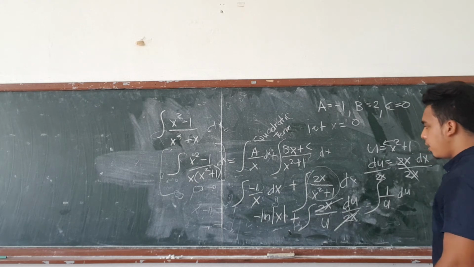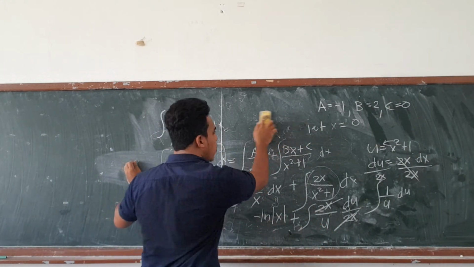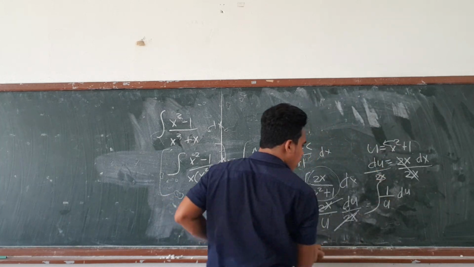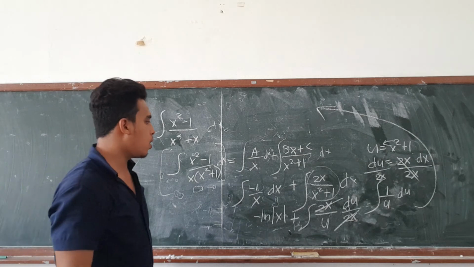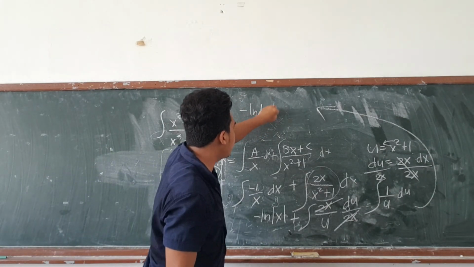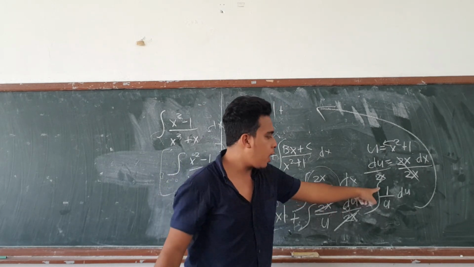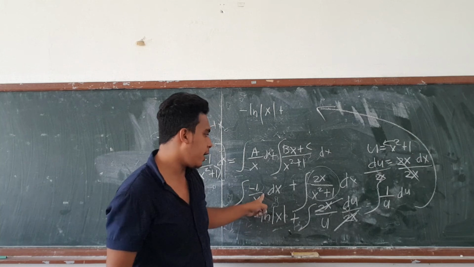Okay? So the answer for this integration is equal to, can I transfer this one? Is equal to negative ln absolute value of x plus 1 over u, and that is the same thing with 1 over x.